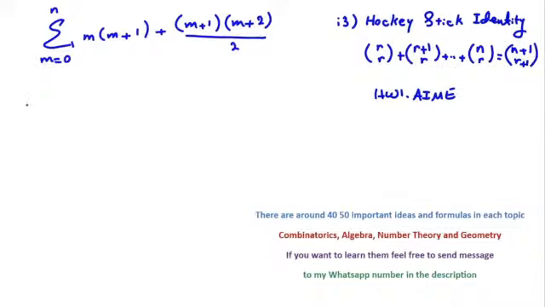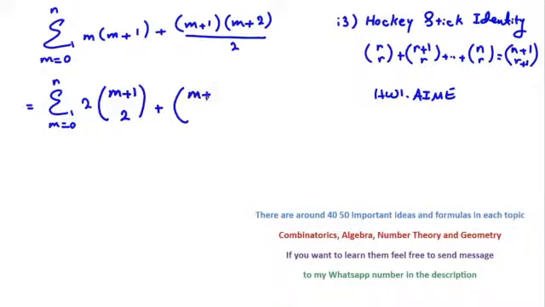If we use the same thing, it will be what? We can say it is equal to sigma m equals 0 to n, 2 times m plus 1 choose 2, plus this one, m plus 2 choose 2. Okay, so if we replace, the first one will be 2 times, m equals 0, 1 choose 2 is 0.